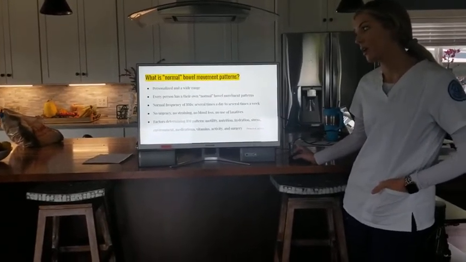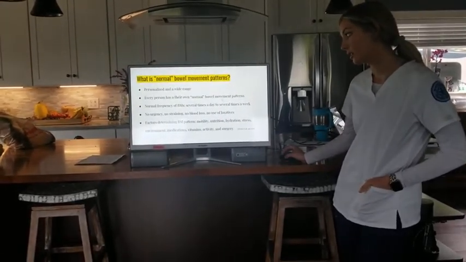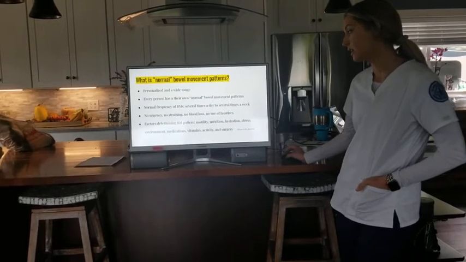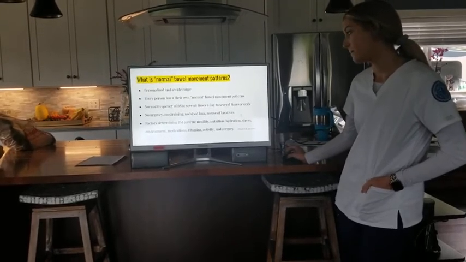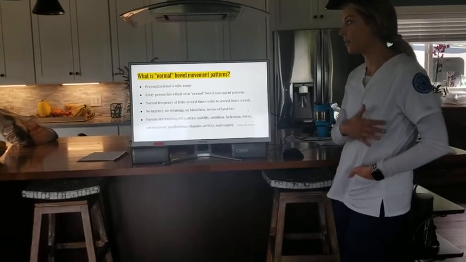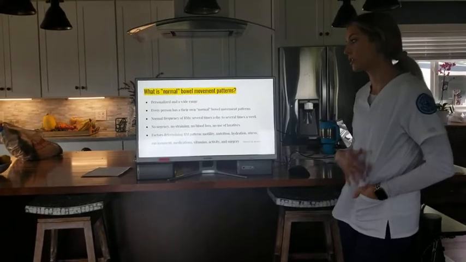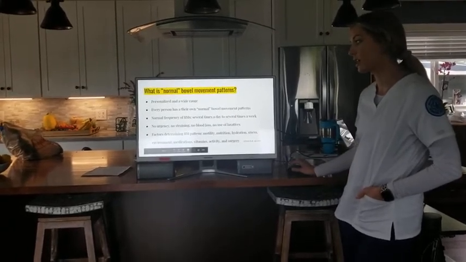Factors determining bowel movement pattern are motility, nutrition, depending on what you eat, hydration, and stress. Stress can cause the bowel movement to pass through the colon either quicker or slower, depending on how your body reacts to stress.